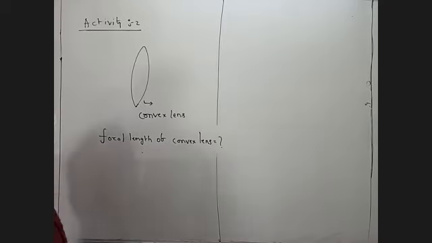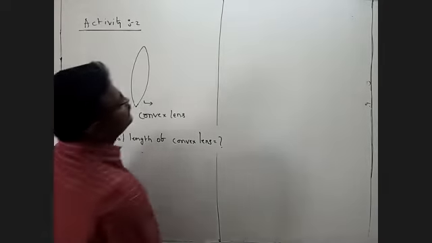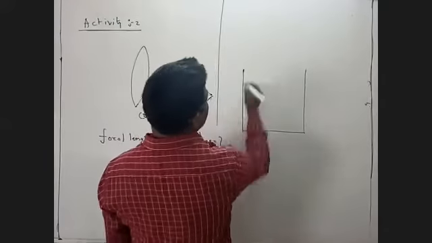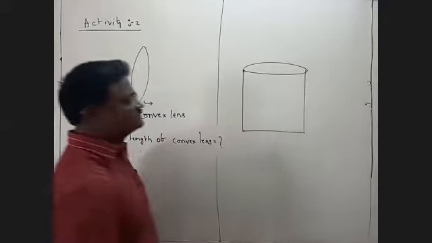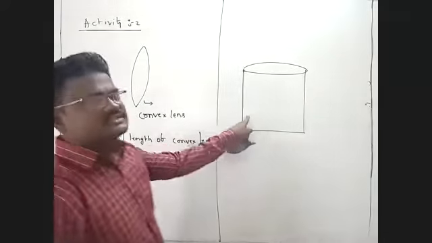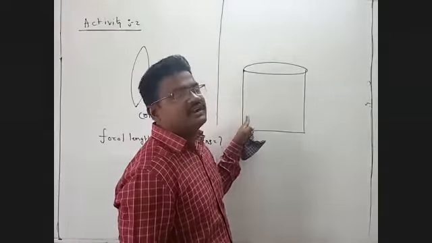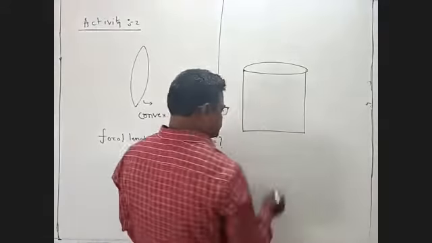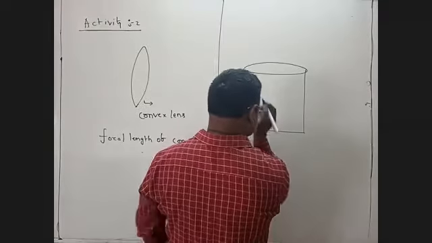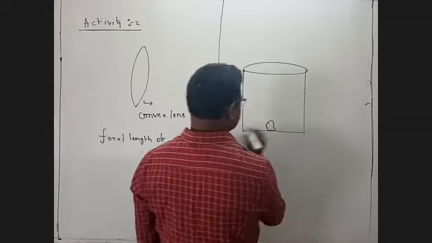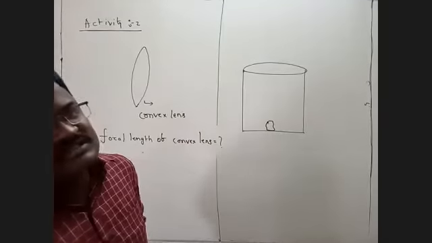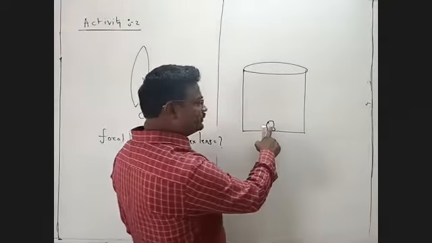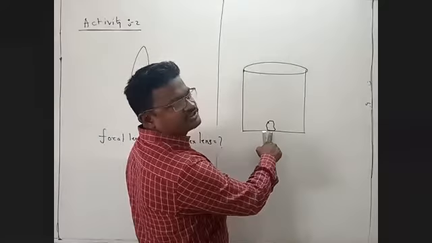Suppose, for example, I'm taking a transparent glass tumbler. Now this is a stone. I consider one stone, and the stone is kept on the bottom surface of the vessel.